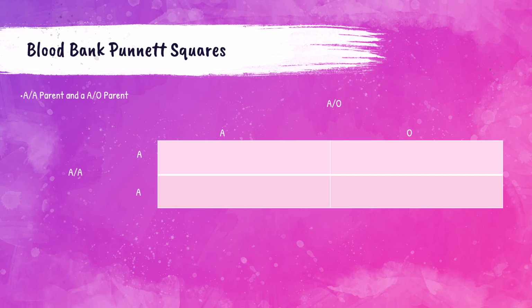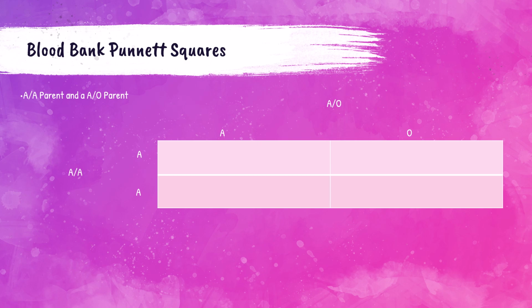So this AA parent, that is the genotype, right? Phenotypically, what are they? They are a group A person. This AO parent, that's their genotype. Their phenotype is what? Group A as well. So one parent is group A, other parent is group A, right?